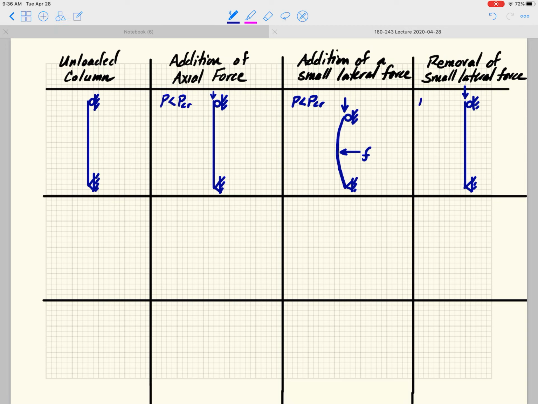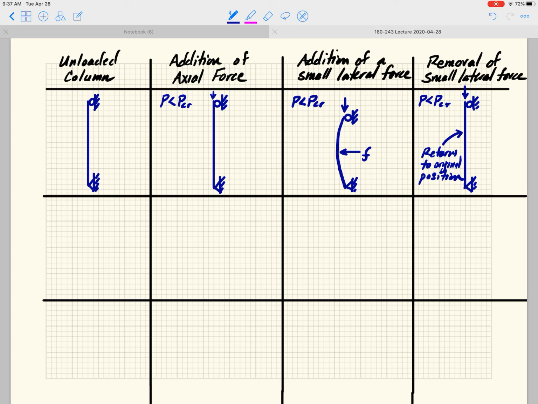Again, this is P less than P critical. So that column then straightens back up, right?